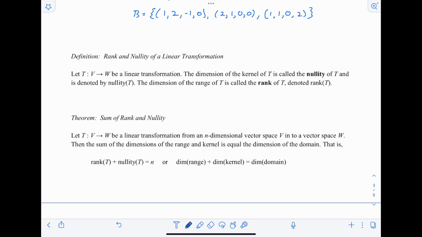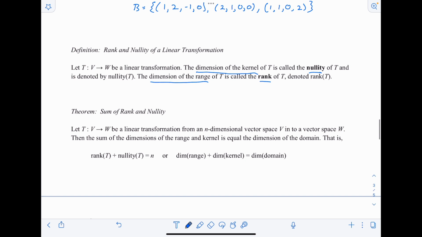Again, let T be a linear transformation mapping V to W. The dimension of the kernel of T is called the nullity and is denoted nullity of T. The dimension of the range is called the rank of T, denoted rank of T. So the dimension of the kernel is the nullity, and the dimension of the range is the rank. We've actually seen these words before. They're just scalars, just numbers. They're telling us the dimension of these two things.